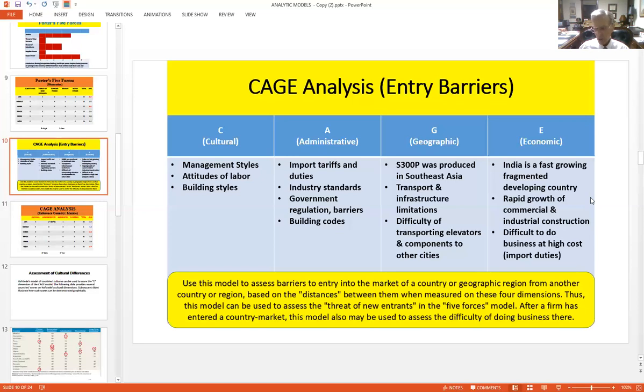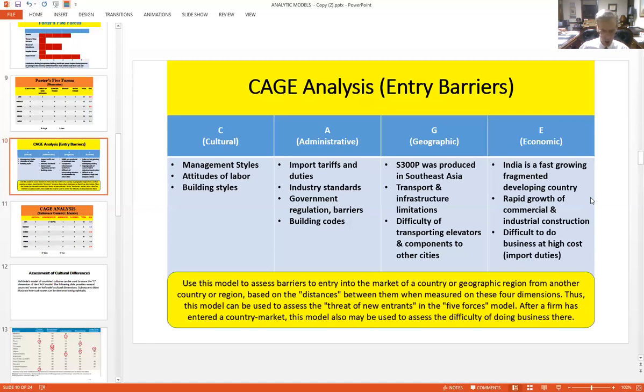And how significant will they be in putting up barriers to our entry into that country's industry that deals in our products?